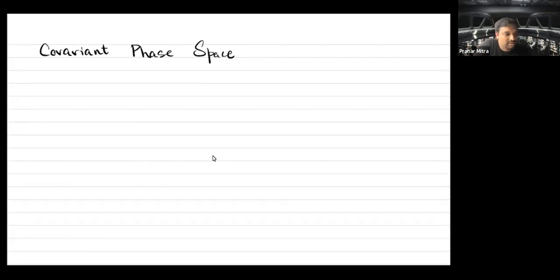So the formalism is very, very simple. I'm not going to explain the formalism because I'm not going to motivate it. That's going to be another lecture in its own right. But the idea is very simple.